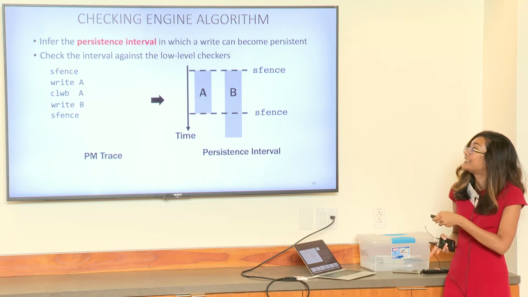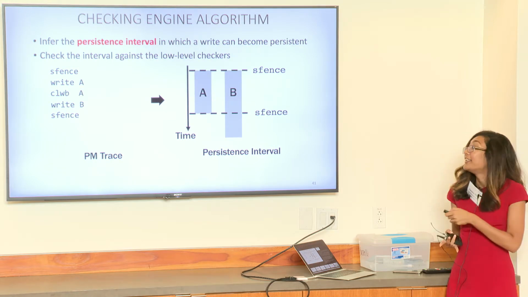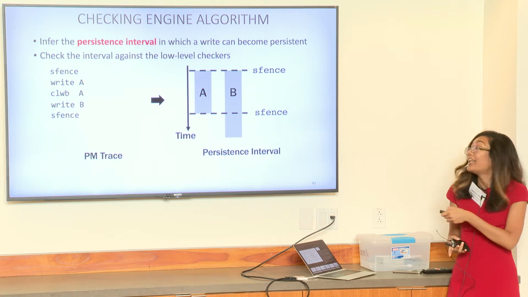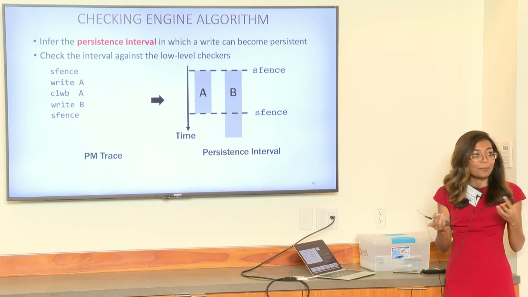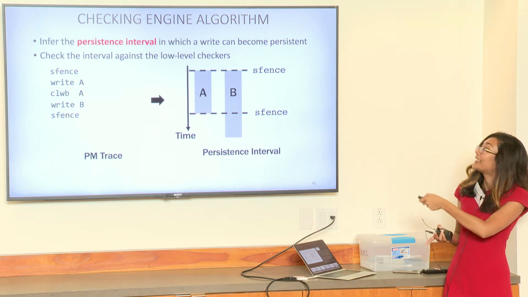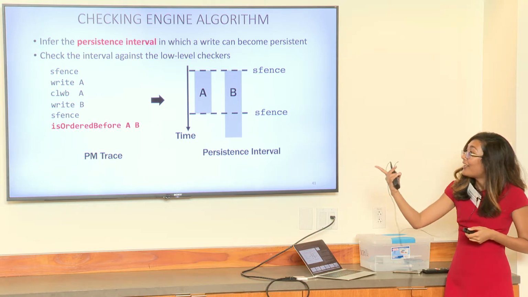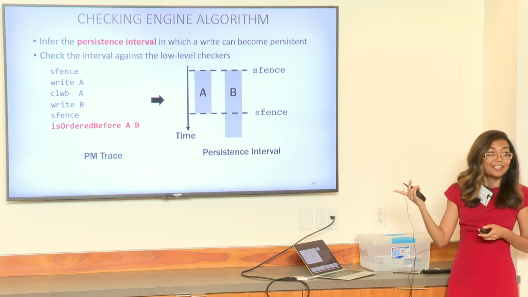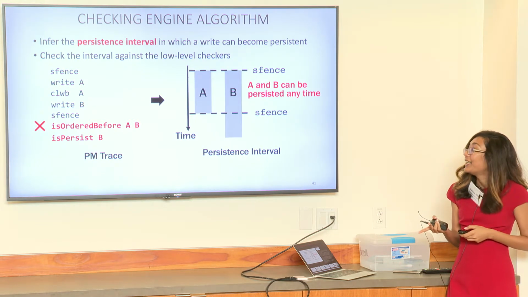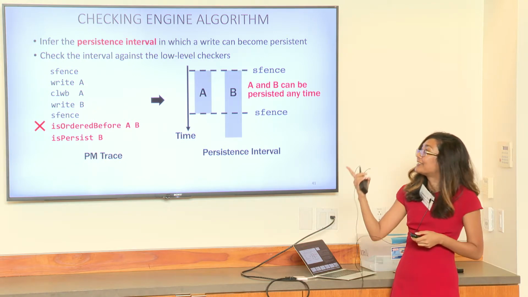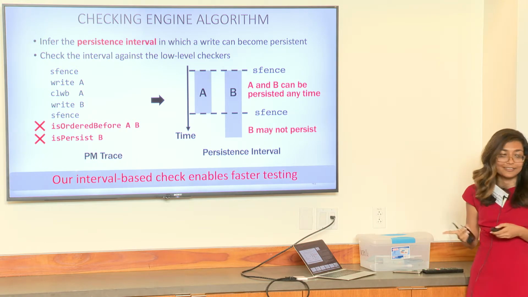For each write, if there is a write back, then the interval ends. For example, for the second write to B, there is no matching write back, so that interval never ended. If we ask whether A persists before B, the intervals are overlapping, so no, it doesn't pass. If we ask if B persisted, there is no matching CLW for B, so no, it did not persist.